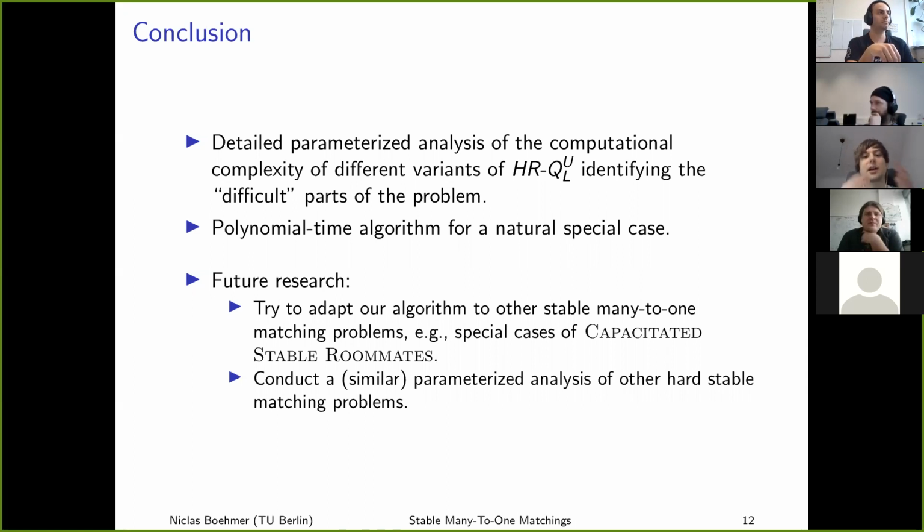All our hardness reductions for the lower and upper quotas case only used the lower quotas, and thereby the preferences of hospitals are completely irrelevant. And then we had some separate reductions for the house allocation problem, but there we also don't have preferences of hospitals. So none of our hardness reductions used any kind of preferences of hospitals.